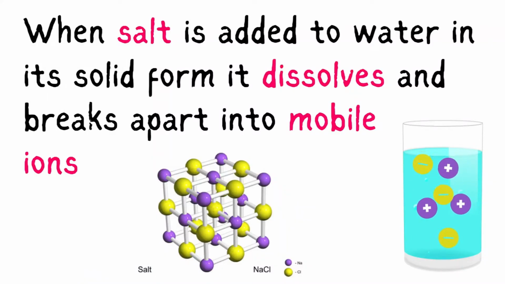When salt is added to water in its solid form, it dissolves and breaks apart into mobile ions. In this case, the salt is sodium chloride. When sodium chloride is added to water, it breaks apart into sodium ions and chloride ions.